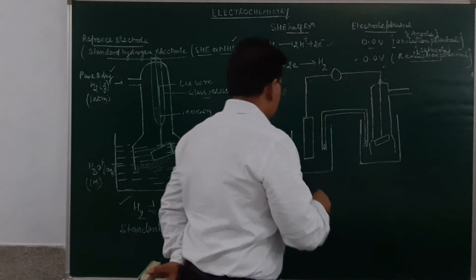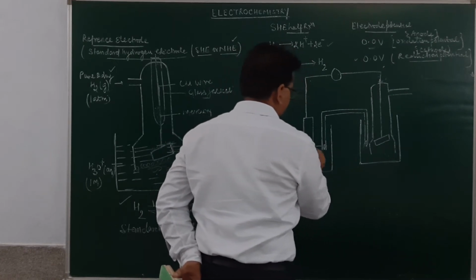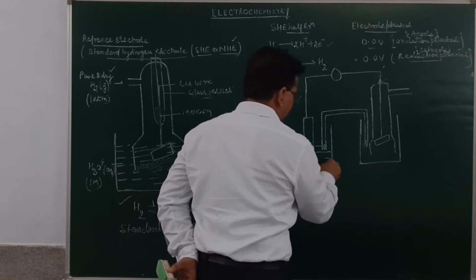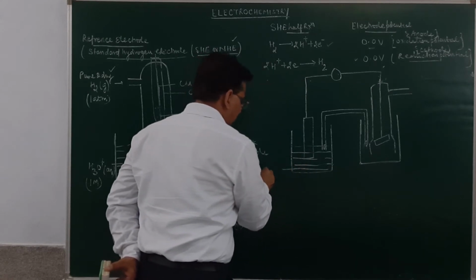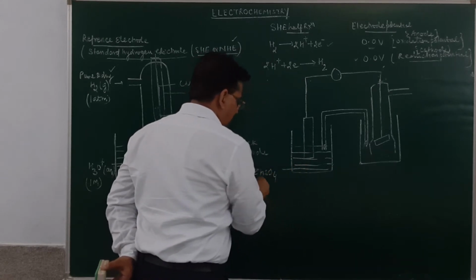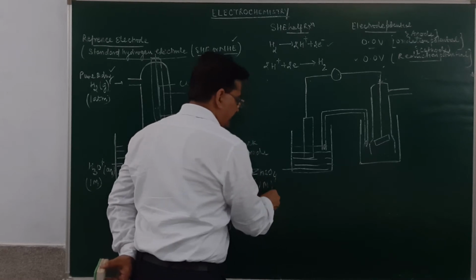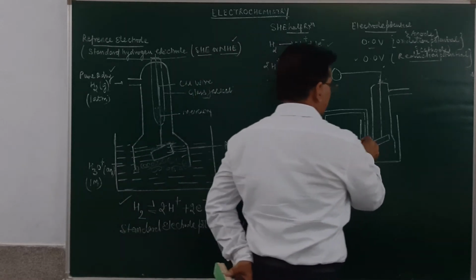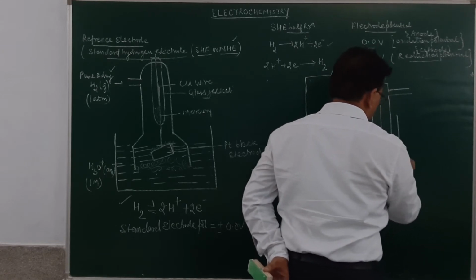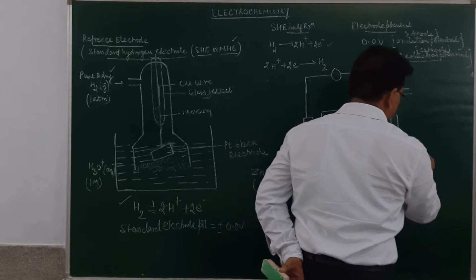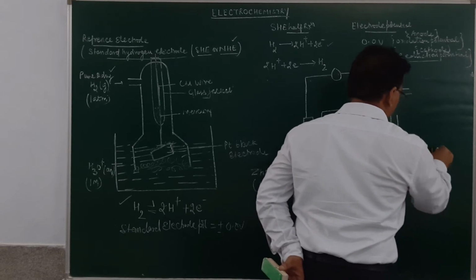This is kept in the zinc sulfate solution. What we have to do, student? We have to find out the electrode potential of this. This is zinc sulfate, which is 1 molar. Here the other electrode is kept in the acid solution, which is hydronium ion, and this again will be 1 molar.